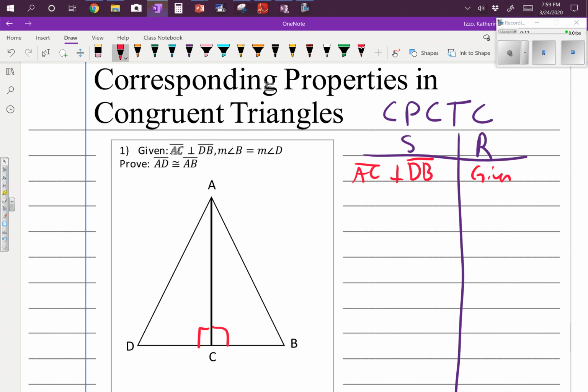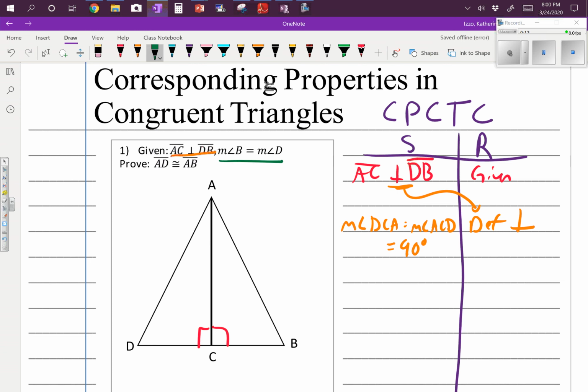The next thing has to be definition of perpendicular. And what is the definition of perpendicular? Better have some 90-degree angles involved. So measure angle DCA equals measure angle ACB equals 90 degrees. Okay, so that's our first given.